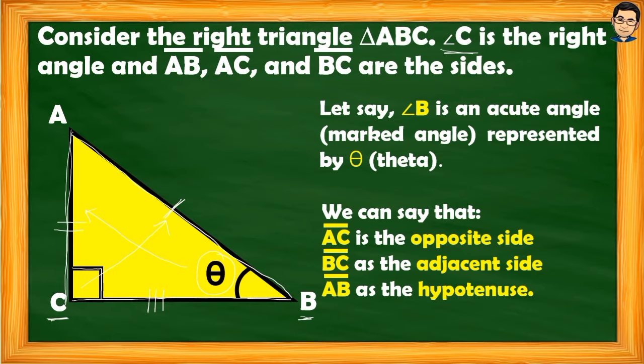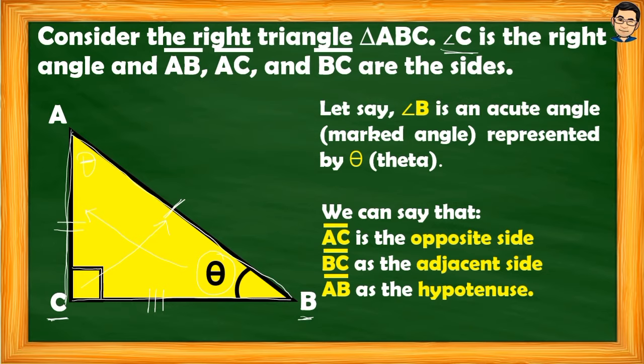Kung halimbawa yung theta natin is nandito sa angle A, nasaan ang opposite side niya? Is it AC? No. Yung AC nun ang magiging adjacent side, and yung magiging opposite side nun is BC or CB, yung kabaligtaran niya mismo.